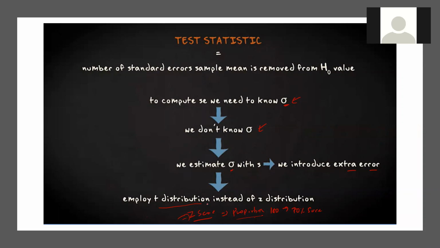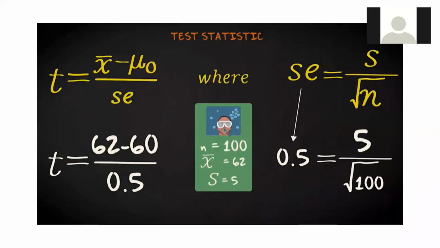But when we have a sample size of, let's say, 50 or 60, and we are given a sample standard deviation of 5, whenever we are dealing with sample mean or population mean, we employ the t distribution. So here, the test statistic will be this formula.